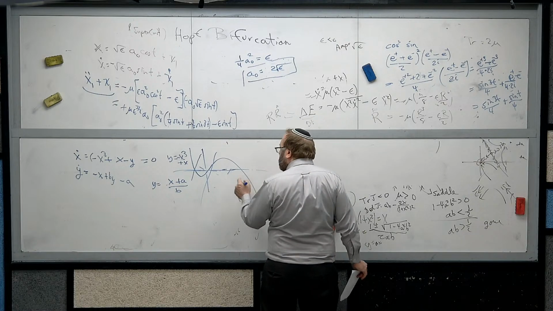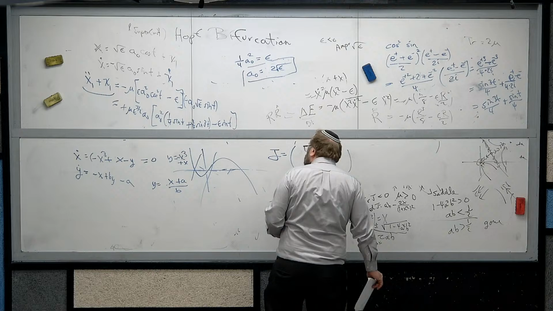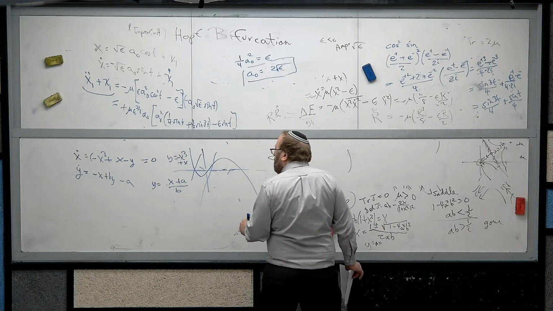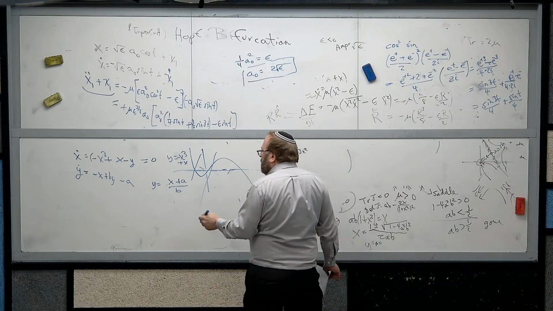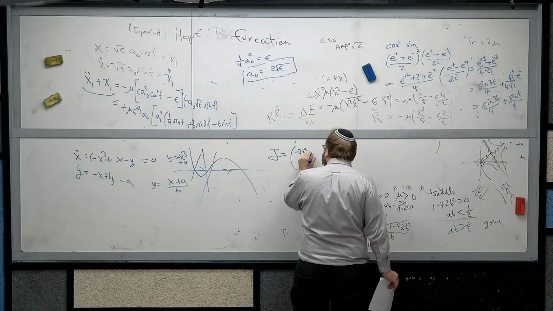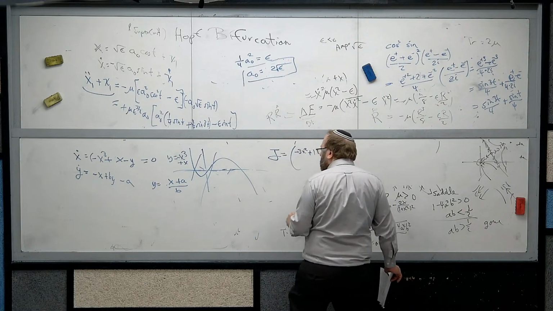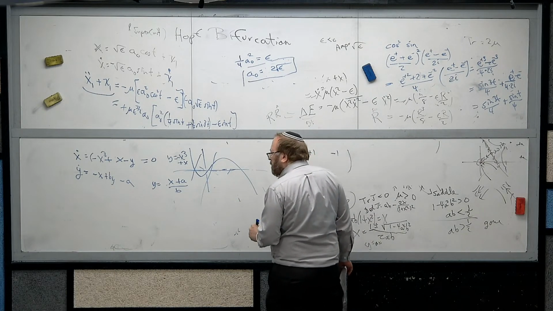So we get the Jacobian, df. Let's see if we can do this correctly today. Minus 3x squared plus 1, minus 1, minus 1, minus a.